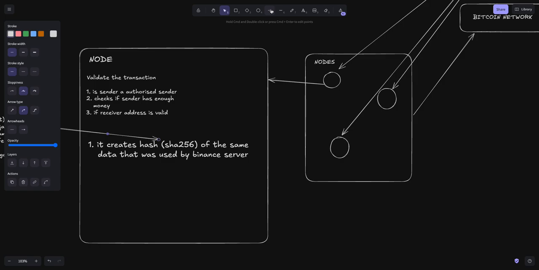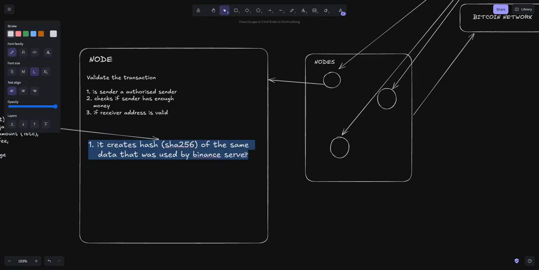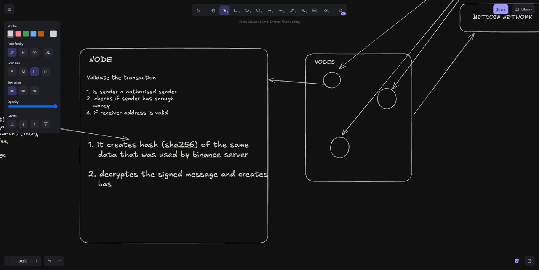So what it does is it creates a hash, and then it decrypts the signed message, and gets back the hash from the signed message. समझ गए?